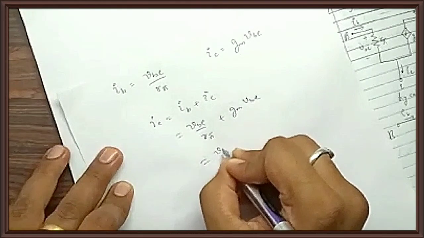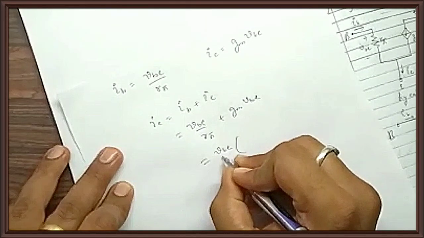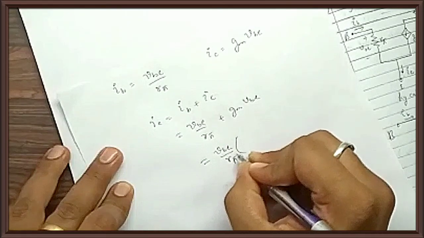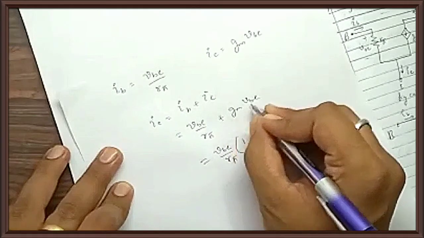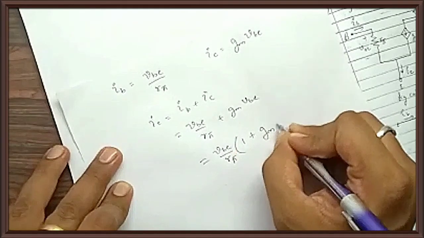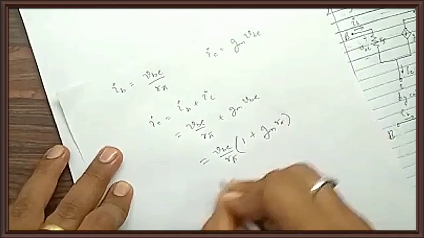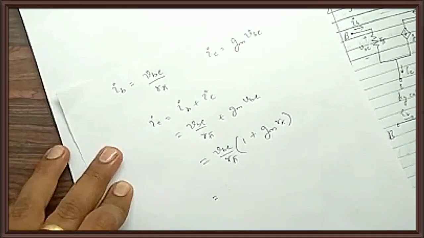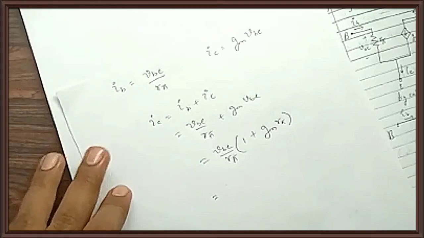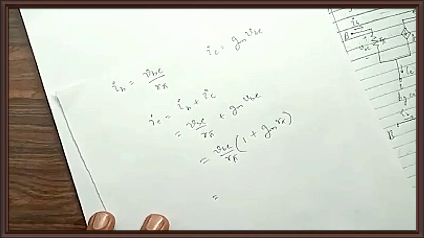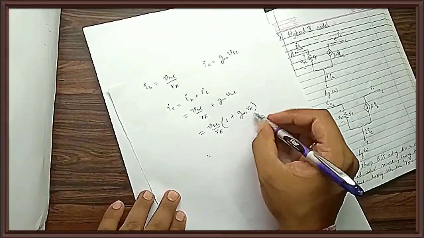If I take VB by R pi common, then what will I get? This term is 1 plus, since there is no R pi with GM, I get one more term, R pi. Correct? Yes or no? GM into R pi. Correct? So it is VB by R pi into 1 plus GM into R pi. What is GM into R pi?